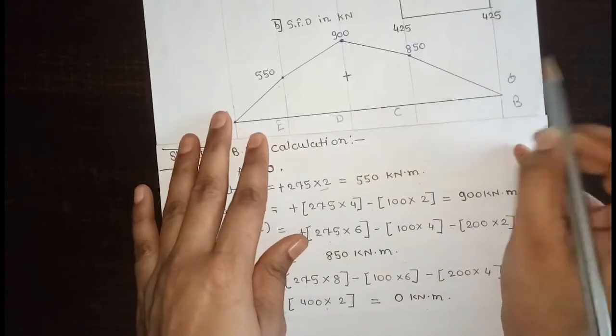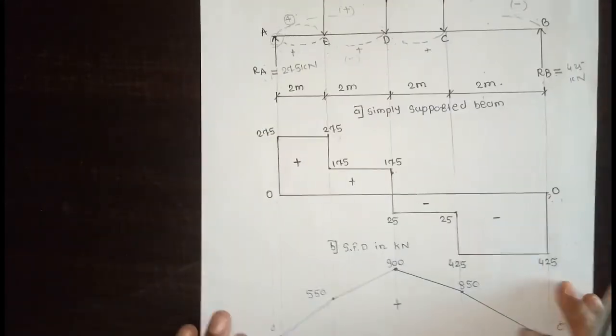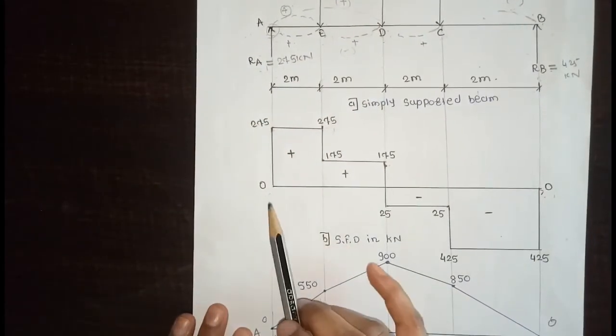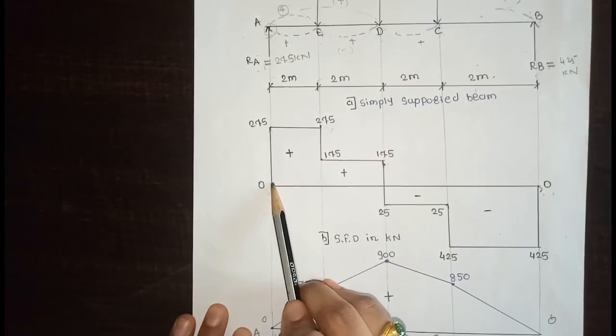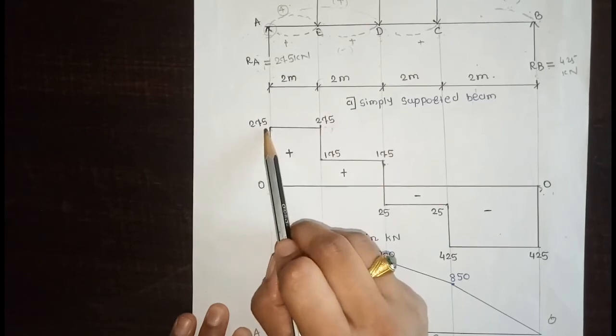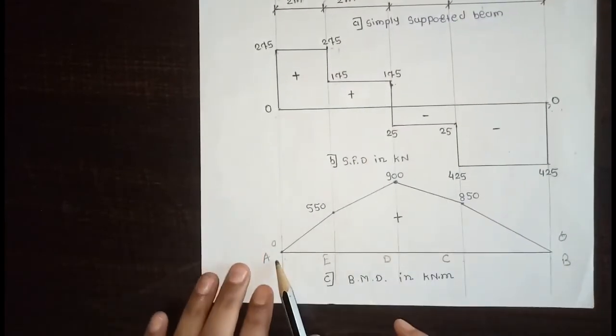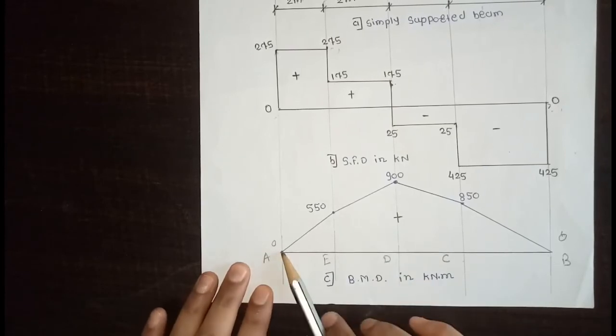So it is clear that when the value in the shear force diagram, the value of forces are maximum, then in the bending moment diagram, this point is 0.